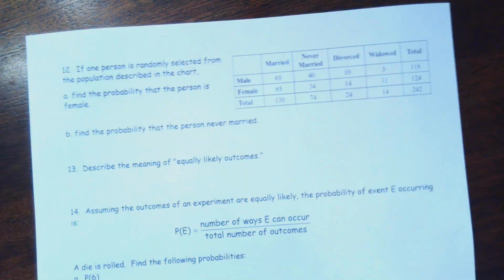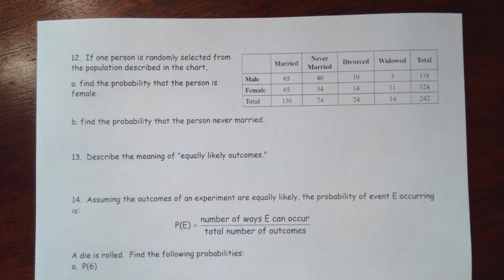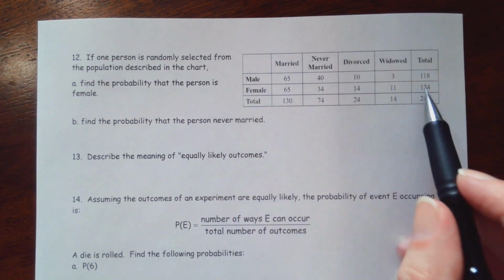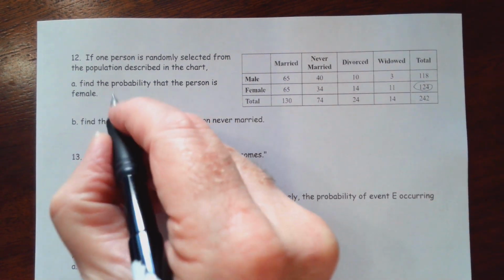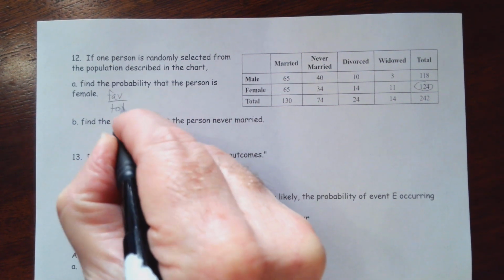So we're actually going to find an empirical probability here. If one person is randomly selected from the population described in the chart, find the probability that the person is a female. Let's see, here's our females. There's a total of 124. So remember, it's number of favorable outcomes divided by total.